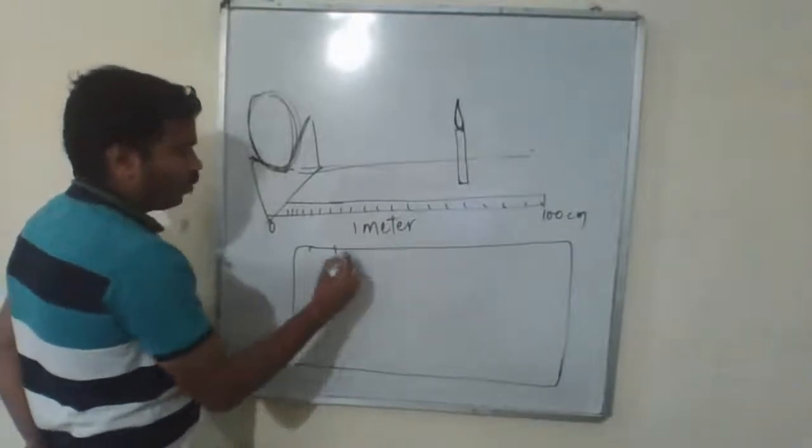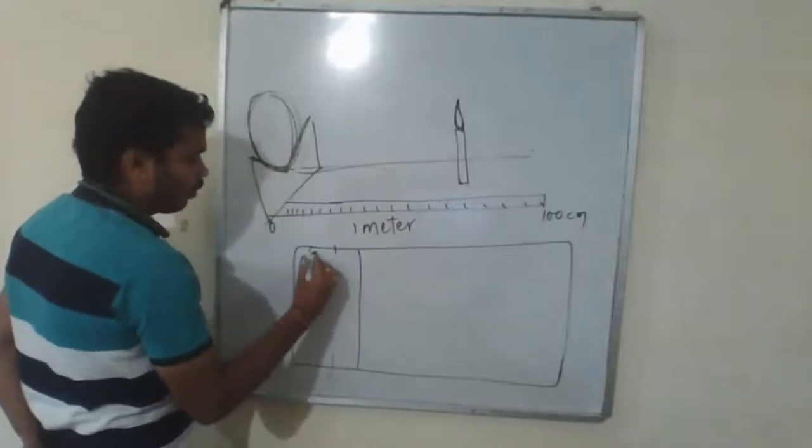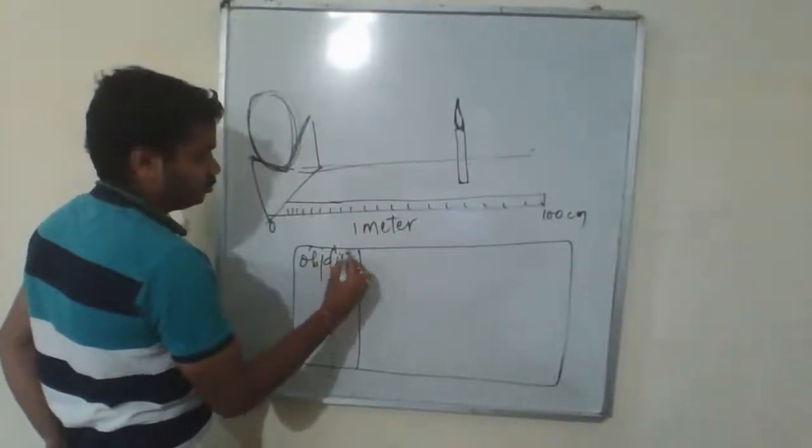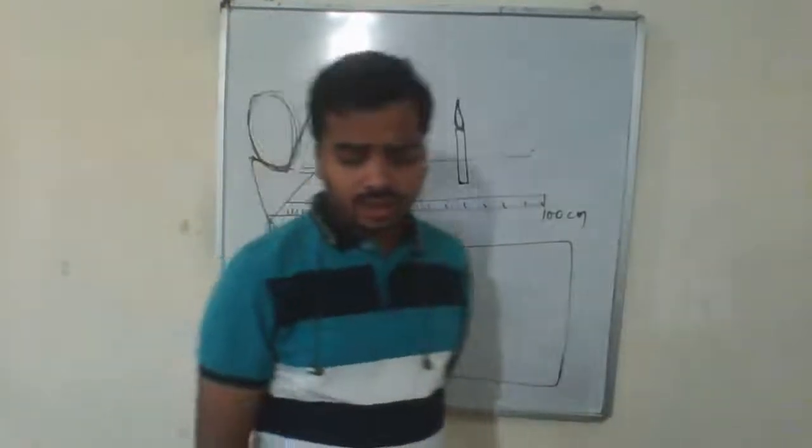What is in the table? Where the object is placed, at which centimeter mark we are placing the object. So you will have object distance. And next, where the image is formed, that is also to be noted.